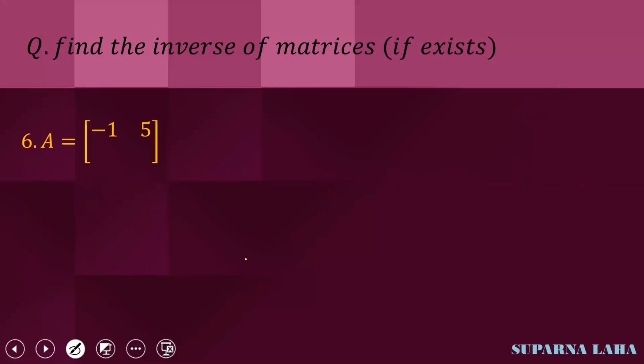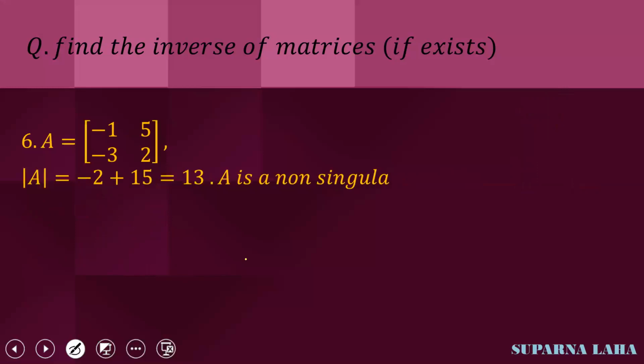Question number 6. A 2 by 2 matrix is again given, minus 1 5, minus 3 2. First of all, check whether it is singular or non-singular. Determinant of A is given by minus 2 plus 15. So it will be 13. So A is definitely non-singular. So you can easily find the inverse.